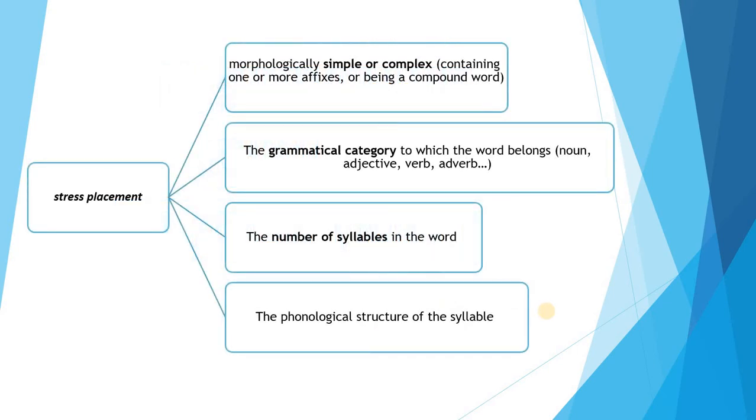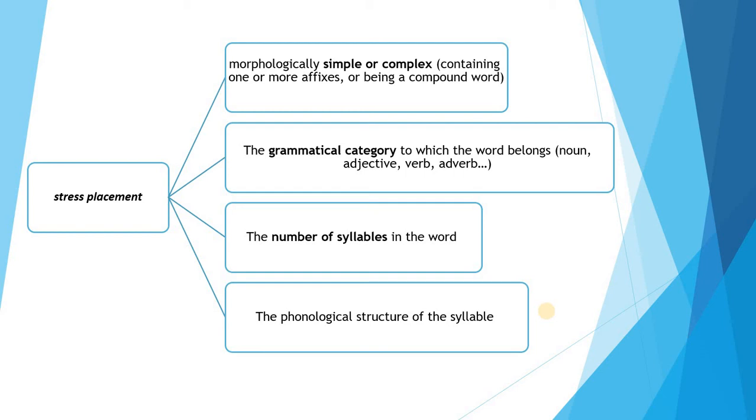The stress placement is affected mainly by the following factors. When I want to place the stress in a word, I have to take into account the morphological category. I talk about simple, complex, and compound words. For example, a simple word has its roots.